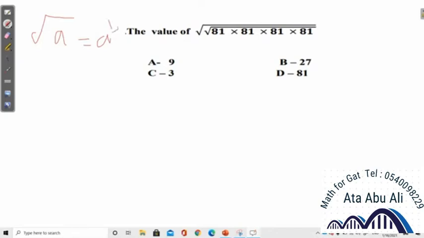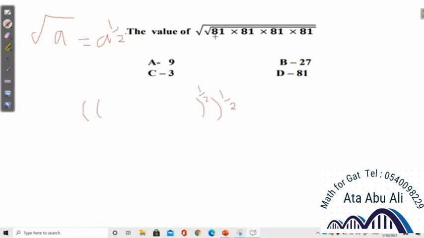So the square root is the power of half. I have 2 square roots, so I can make it 2 times like that. The outer one is equal to the power of 1 over 2, and the inside one also is equal to the power of 1 over 2.